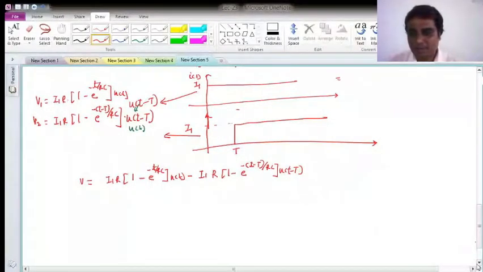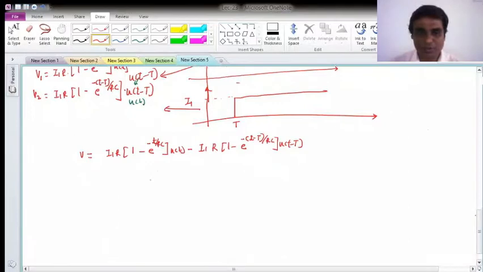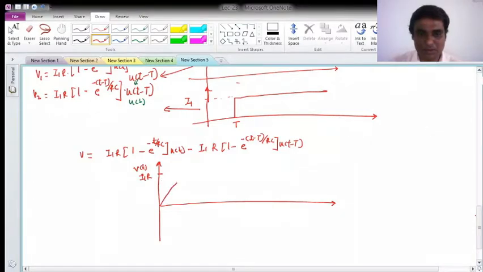Now let us plot it. How will my total V look? First it will be I1 R, exponentially increasing this way.